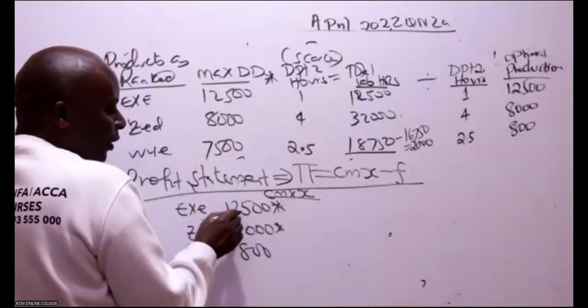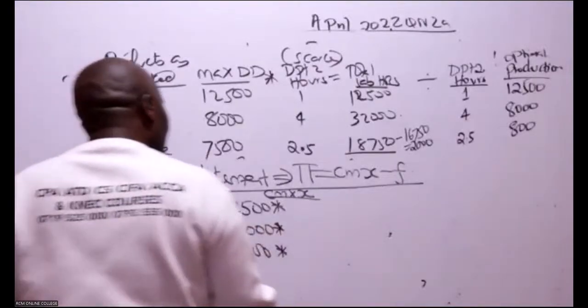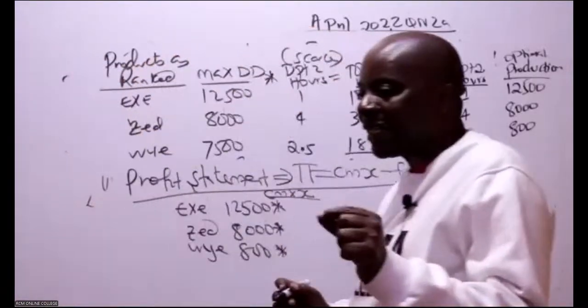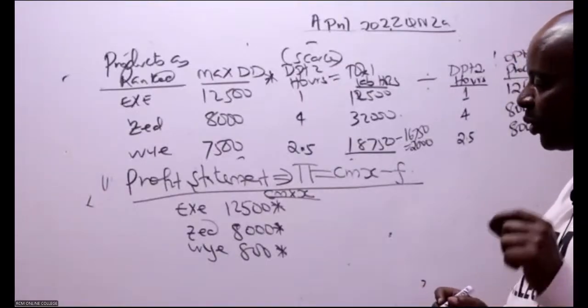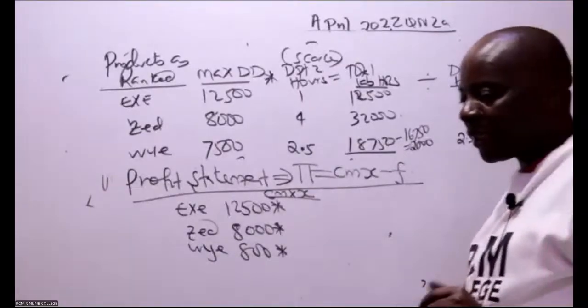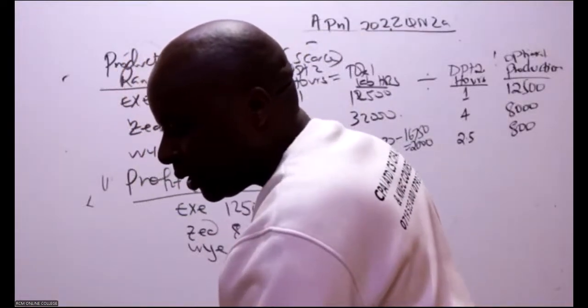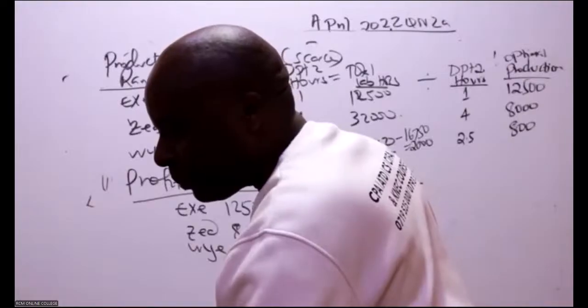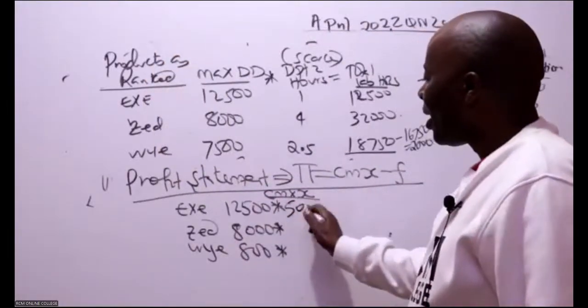From the very original table that we did, is there somebody who can give us the contribution margin for X? Please go to the very first table, the first step. The contribution margin of X was 500. Please don't confuse.